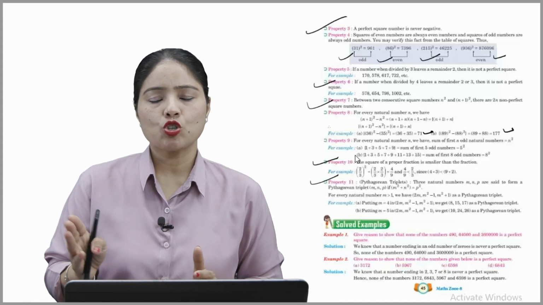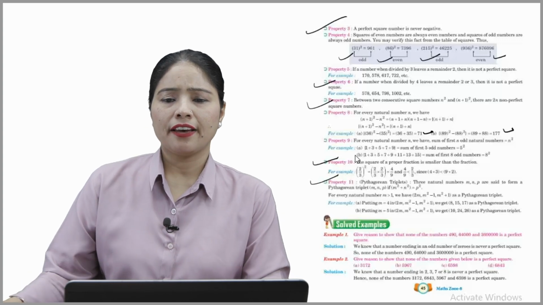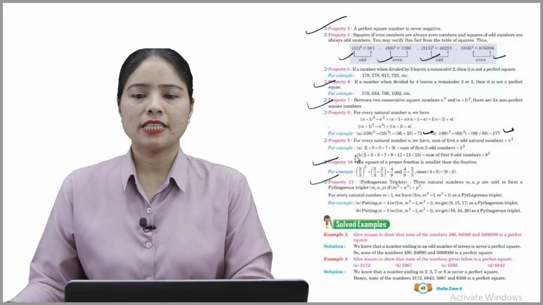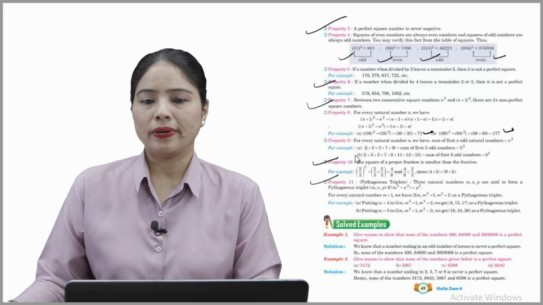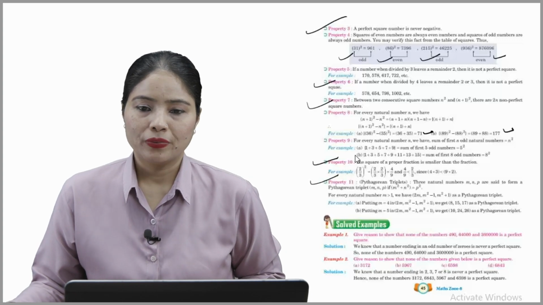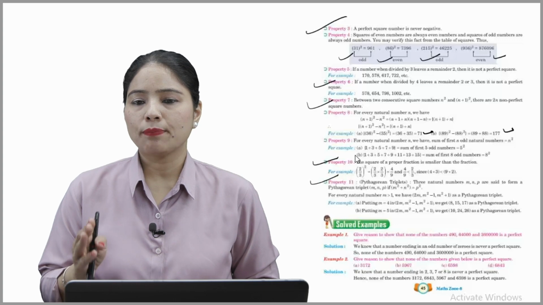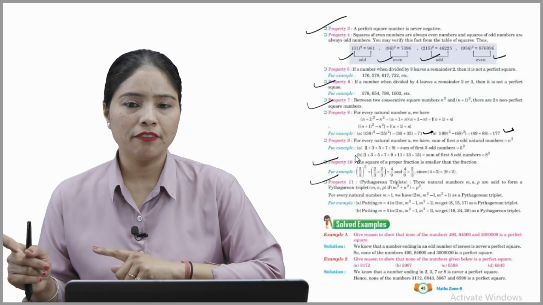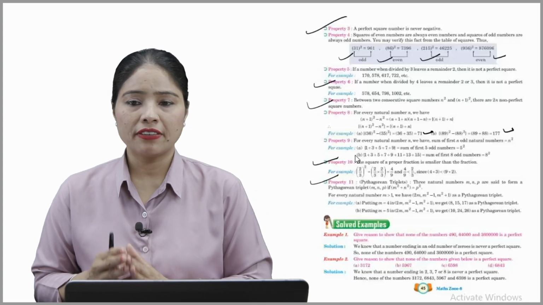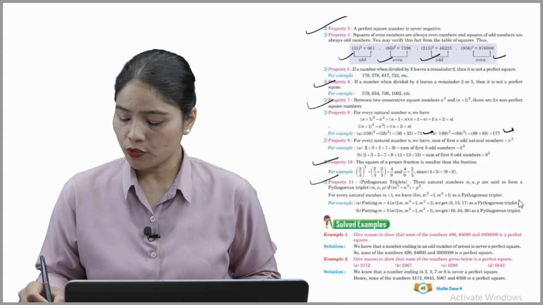For every natural number m greater than 1, we have 2m, m square minus 1, m square plus 1 as a Pythagoras triplet. For example, putting m is equal to 4 in 2m, m square minus 1, m square plus 1. So, अब हमने क्या करेंगे? Value put करेंगे. So, we get 8, 15, 17 as a Pythagoras triplet. I hope you understood well.